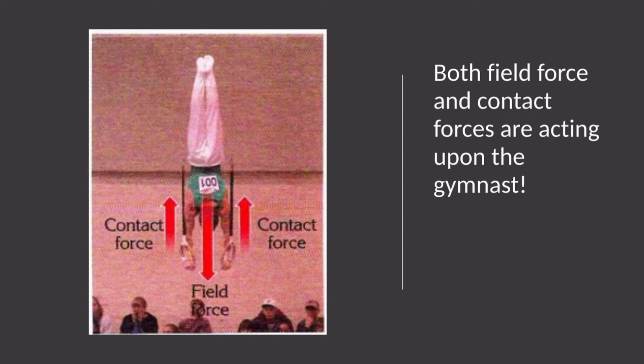Both forces are acting upon him. One is his weight, gravitational force, mg, and the two other ones are contact forces, which are acting on his hands by those rings he's holding.